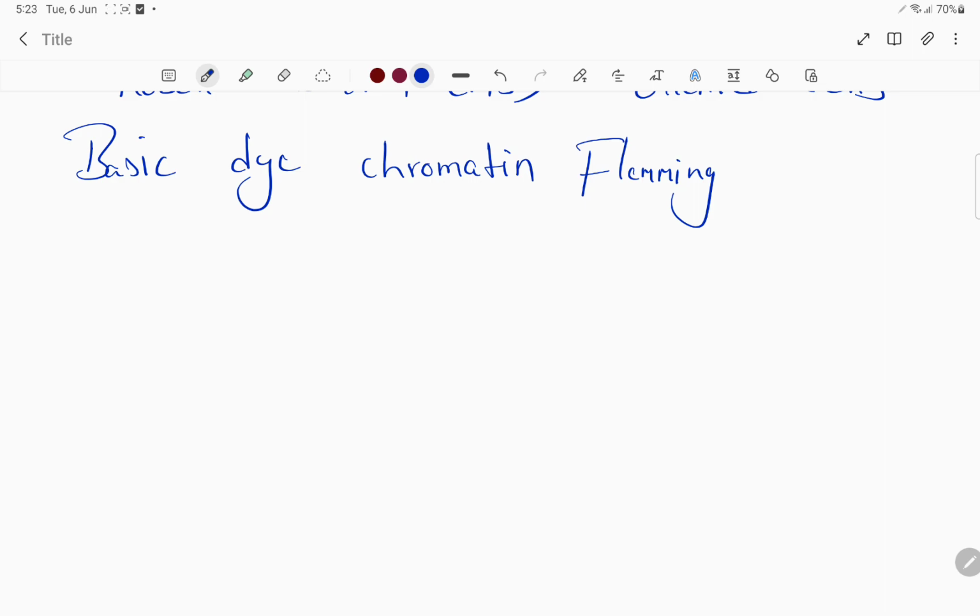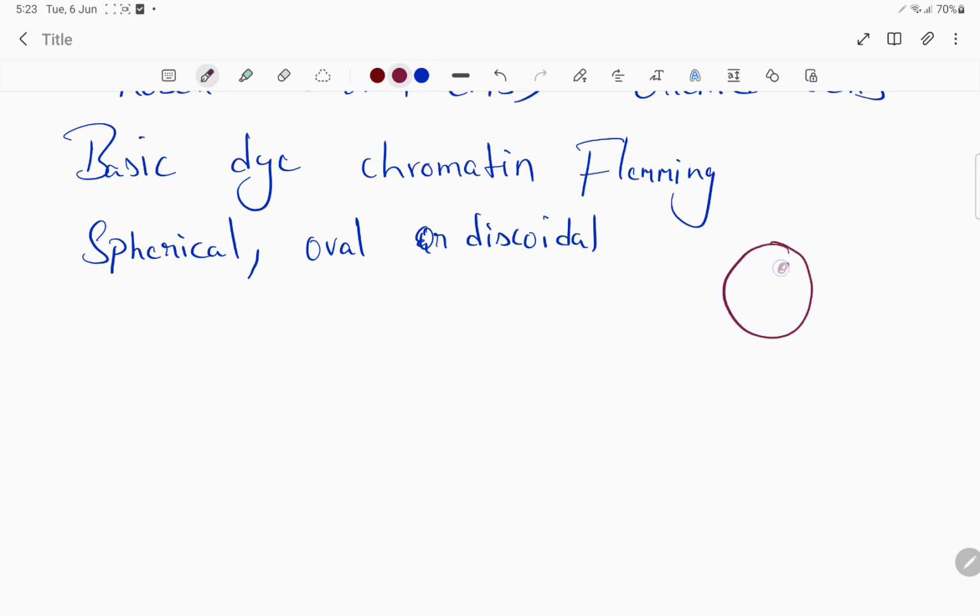So usually the shape of the nucleus will vary. They may be spherical, oval, or discoidal. In plant cells, the nucleus is actually pushed to the corner because you have the large central vacuole.